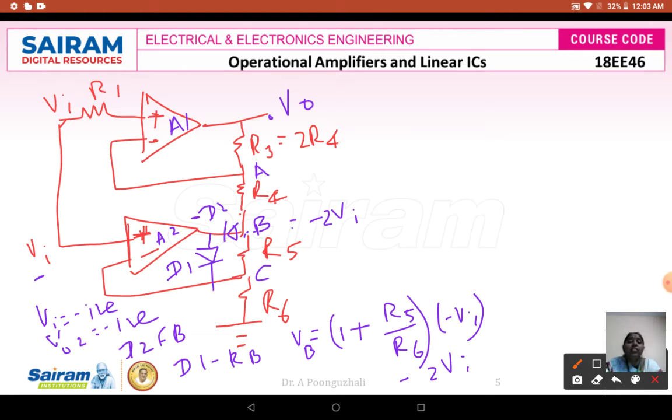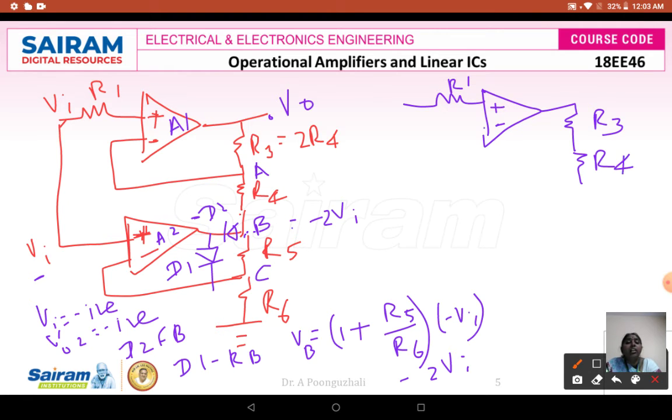Now with this circuit, if I redraw it, this is going to be my R1 resistance, and here I am going to have your plus and minus, your R3 resistance, and this is going to be your R4 resistance. This inverting terminal is going to be connected to this junction, and this R4 is going to be connected to the B terminal.